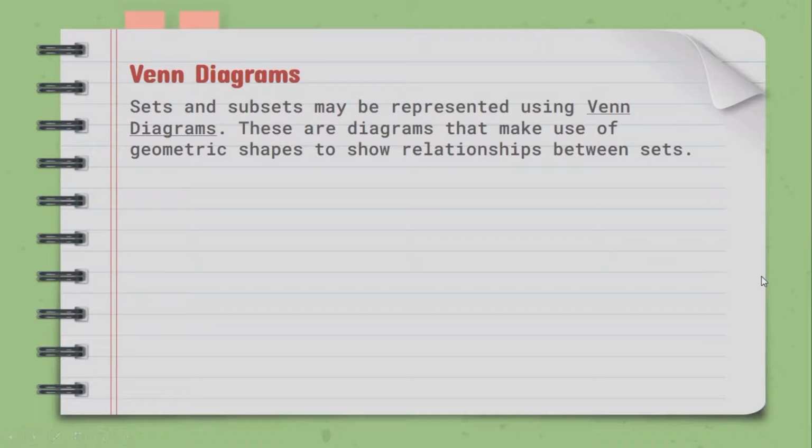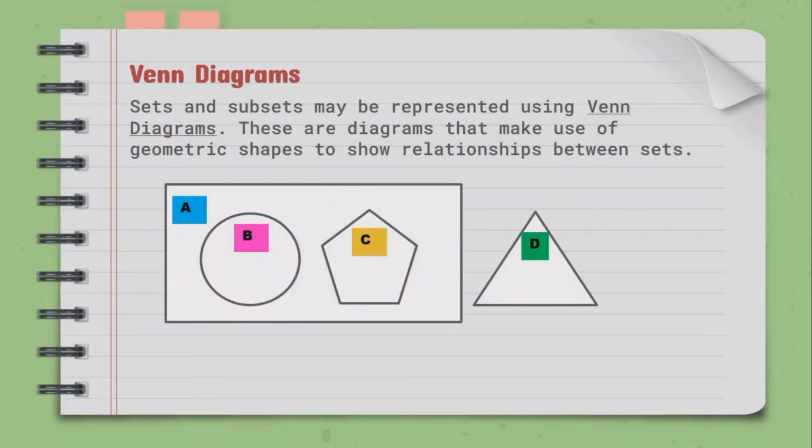And the next one is Venn diagrams. Sets and subsets may be represented using Venn diagrams. These are diagrams that make use of geometric shapes to show relationships between sets. For example, set A represents the universal set, and set B, which is a circle, is a subset, and also set C. These are the elements.